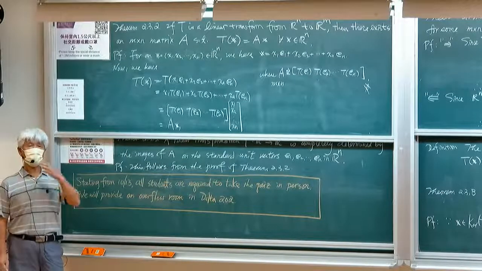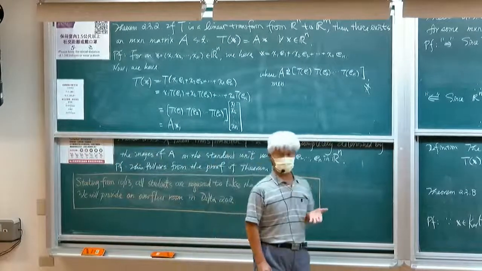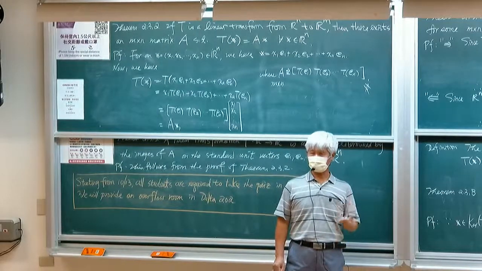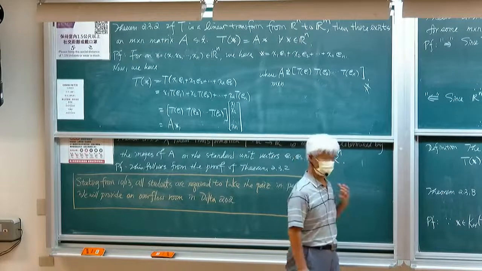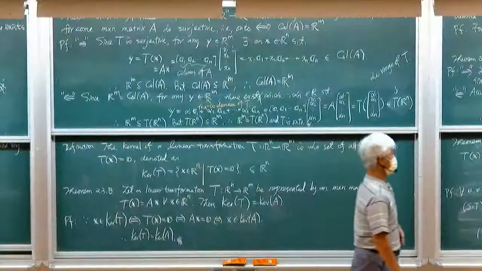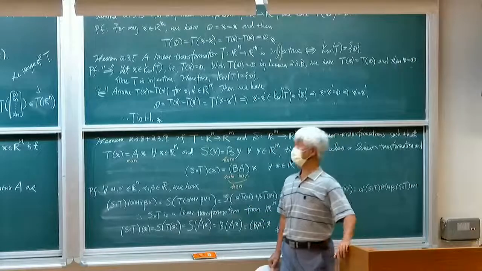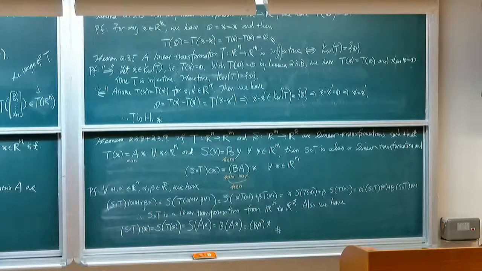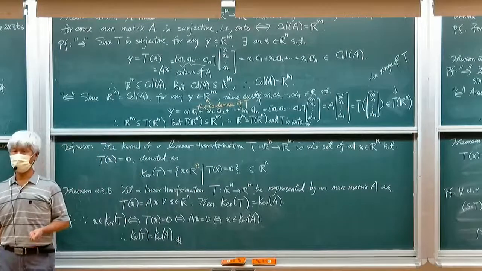Now, all of these concepts apply to linear transformations because a linear transformation is a very special kind of function from Rn to Rm, special because we have linearity there. With the linearity, we are able to characterize what kind of linear transformation is one-to-one and what kind is onto.